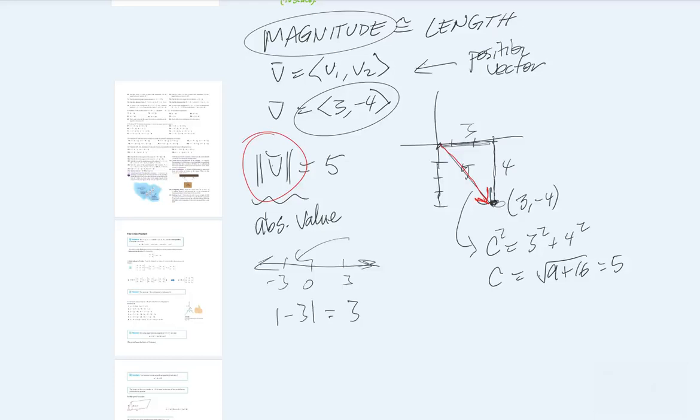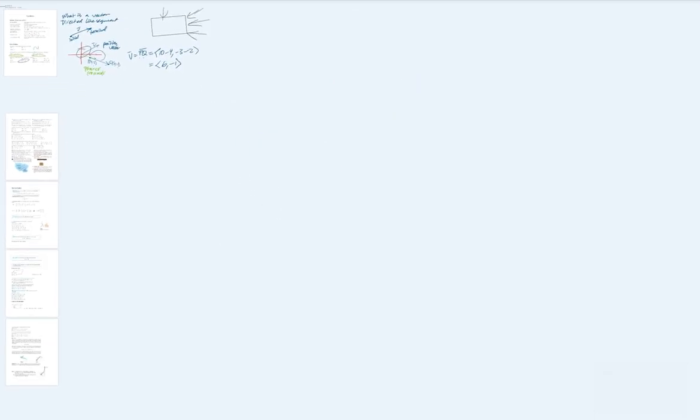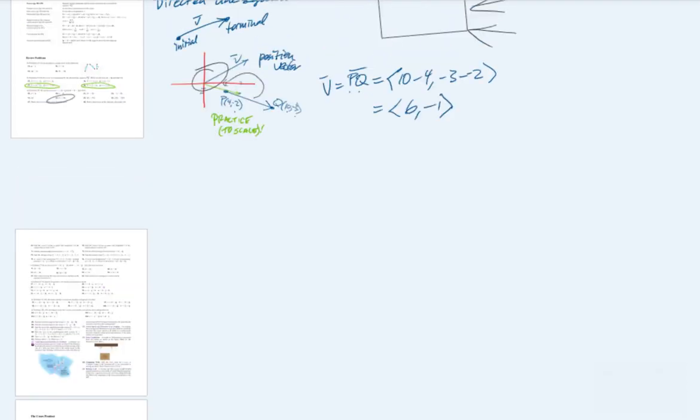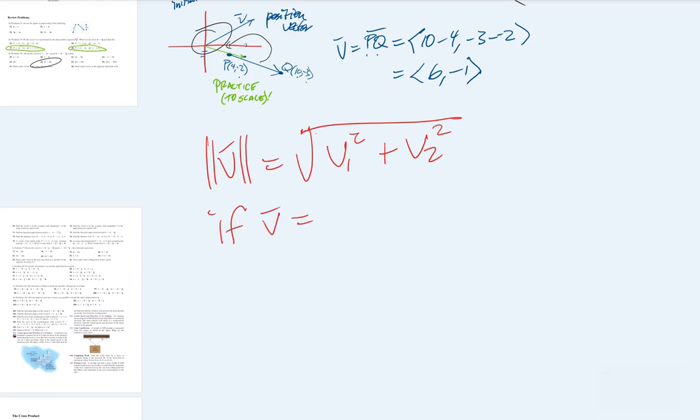So this looks like a bunch of chicken scratch, doesn't it? So let me get rid of some of this. Let me give you a formal definition of the magnitude of the vector. The magnitude of v is equal to the square root of v1 squared plus v2 squared, if v is v1 comma v2.